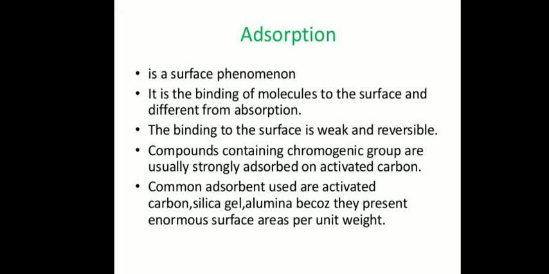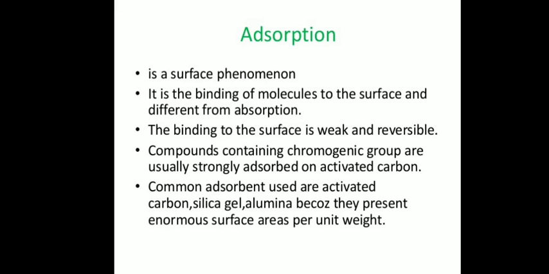The binding to the surface is weak and reversible. The compounds containing chromogenic groups are usually strongly adsorbed on activated carbon. The particles having different types of colors can be easily and strongly adsorbed on activated carbon. Activated carbon is used as an adsorbent for the process of adsorption.